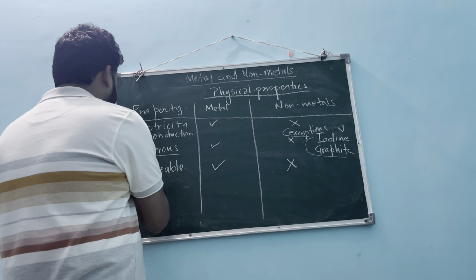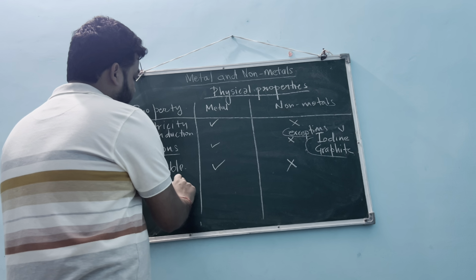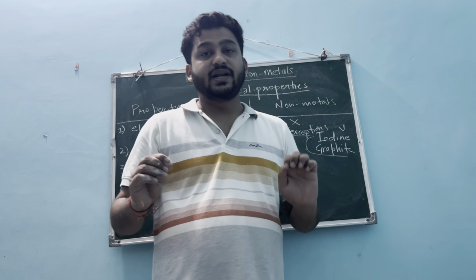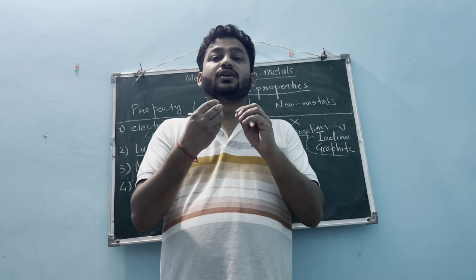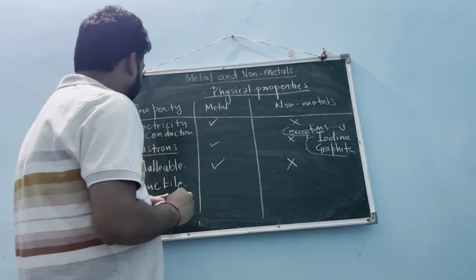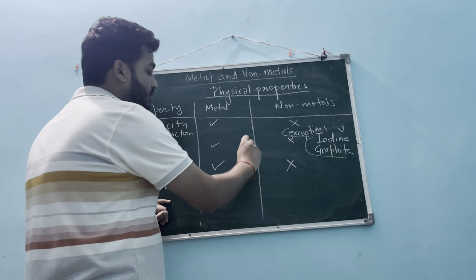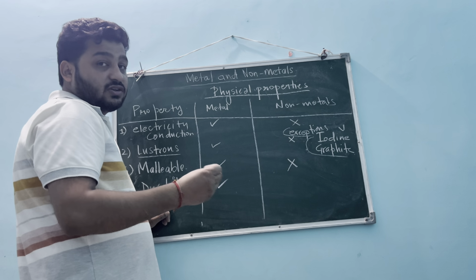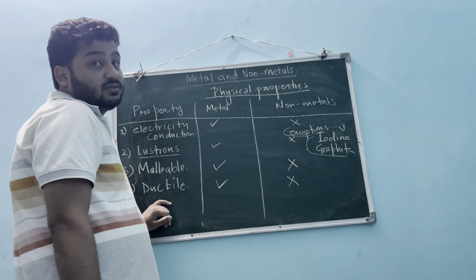Fourth, ductile. Ductile means the property by which a substance can be drawn into thin wires. Metals are ductile. We can make wires of metals, but we cannot make wires of non-metals.